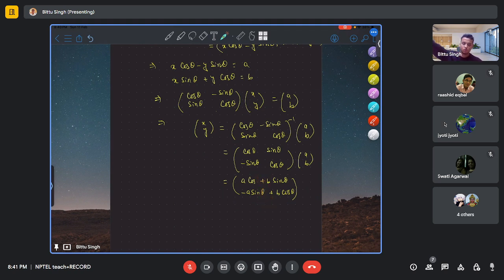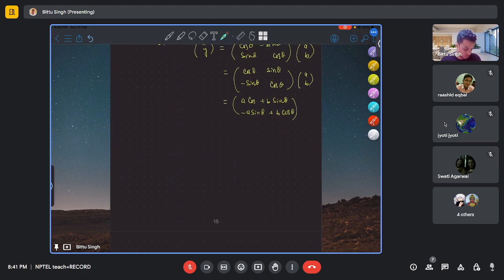So with respect to two different bases, we'll get different coordinates. The coordinate will depend on how you look at those vectors, from which system. It will depend on the deformation of the system.